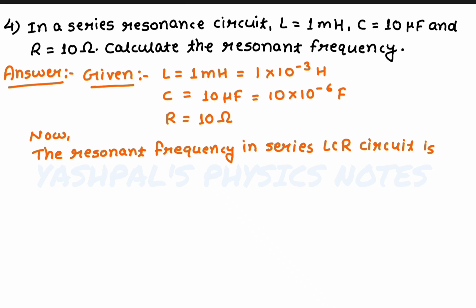We are asked to find the resonant frequency, which is given as small f subscript r, and its formula is 1 upon 2 pi under root LC. So this is the formula of resonant frequency.